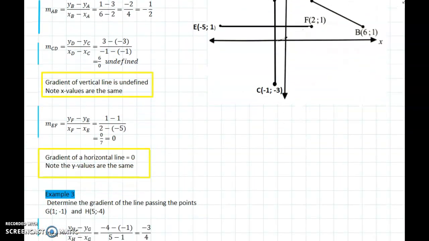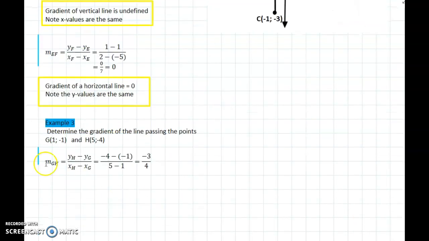Let's look at example 3. Here, no sketch is given, but they say determine the gradient of the line passing through the points G(1; -1) and H(5; -4). Now you can actually make a sketch. The sketch is not the answer, but it will verify whether your answer is correct or not.